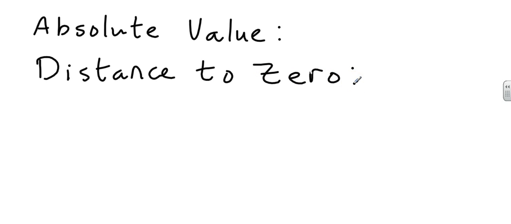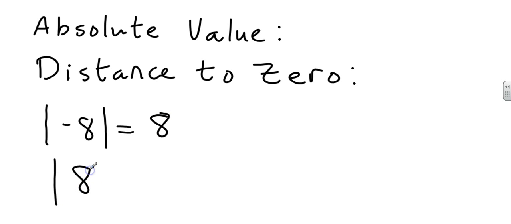Now, distance is always positive. Absolute value is represented by vertical brackets. And so how far away from 0 is -8? That would be 8 spaces. +8, that would be 8 spaces. Again, they can have the same value because they are both equidistant away from 0.